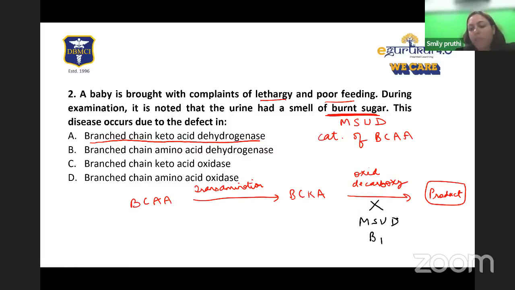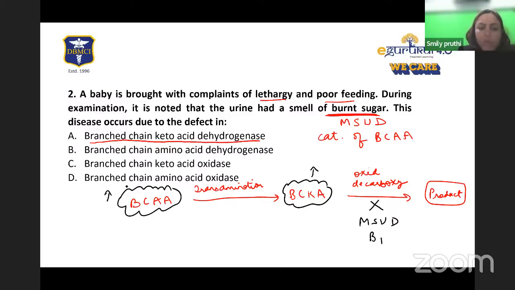This enzyme requires vitamin B1. Any step of oxidative decarboxylation requires vitamin B1, right? These patients have ketosis. Because branched chain keto acids will be increased, branched chain amino acids will also be increased. There will be increased amounts of branched chain amino acids and keto acids in the blood and urine of these patients, right?